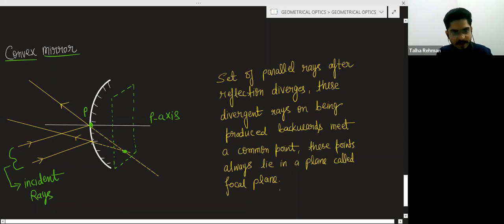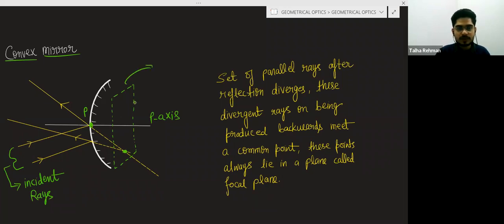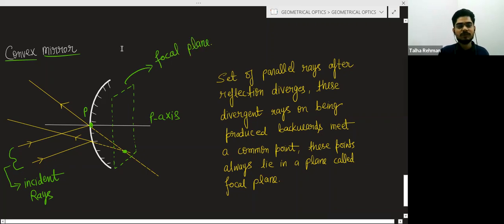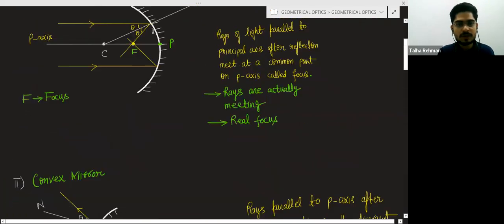Initially these are parallel rays, but after reflection they get diverged, and when you produce these divergent rays in the backward direction, they meet at a common point, and these points lie on the focal plane. So this is the focal plane.